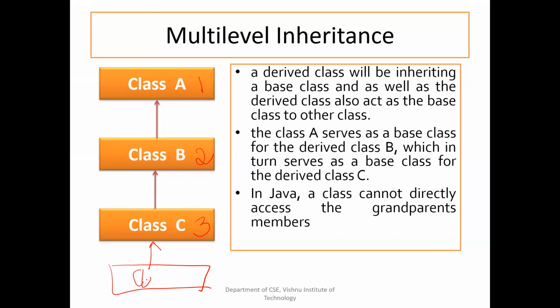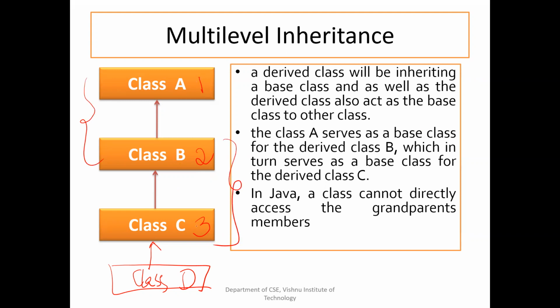Here you can create one more, but this is a linear chain. So this is the grandparent class, parent class, child class. In these three classes, there are two parents and two children.